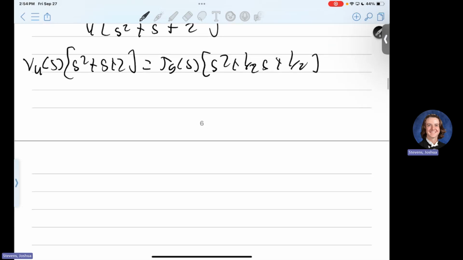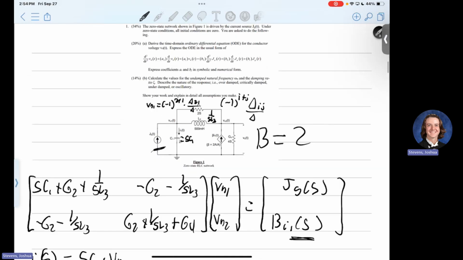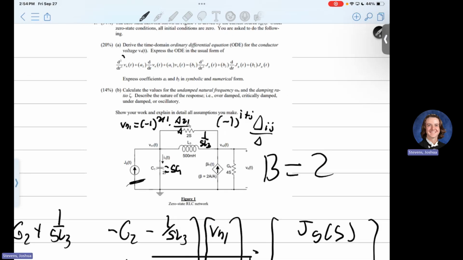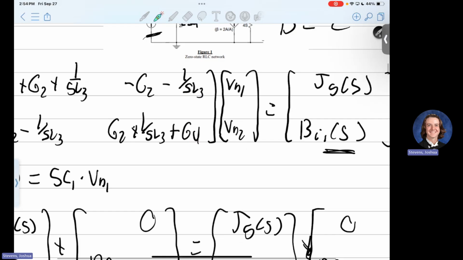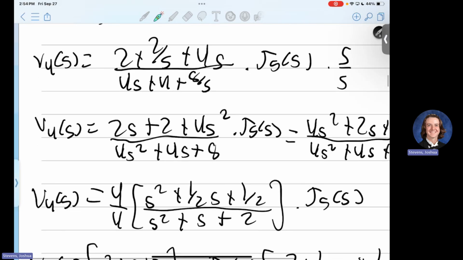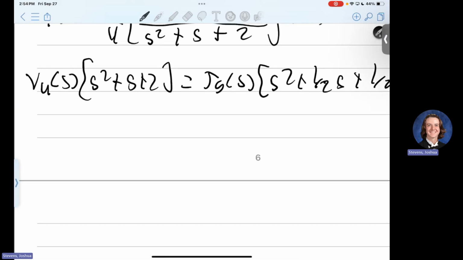So the way I'm going to do this is we have the derivatives, the voltage, and then the coefficient. Oh, I'm sorry. The way he has it is the coefficients, the derivatives, and the voltage. So I'm going to do that exact thing, except we don't have derivatives yet because we're still in the S domain.